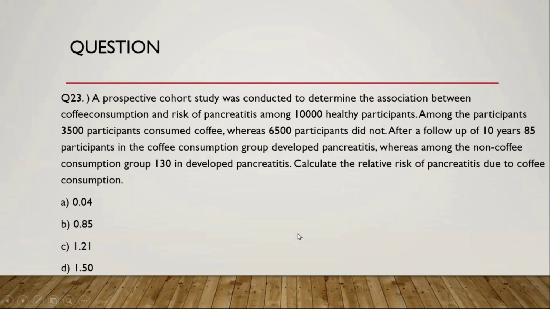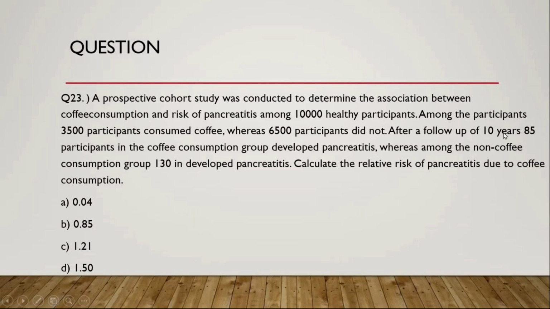So solve this question. A prospective cohort study was conducted to determine the association between coffee consumption and risk of pancreatitis among 10,000 healthy participants. Among the participants, 3,500 consumed coffee, whereas 6,500 did not.